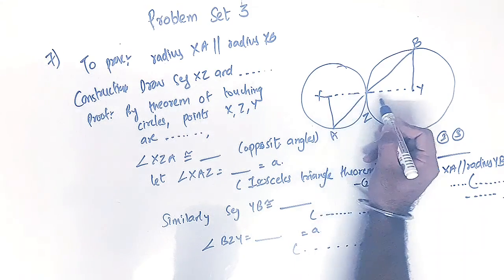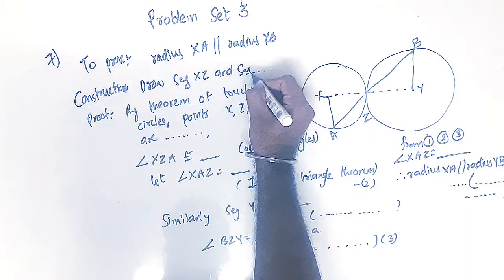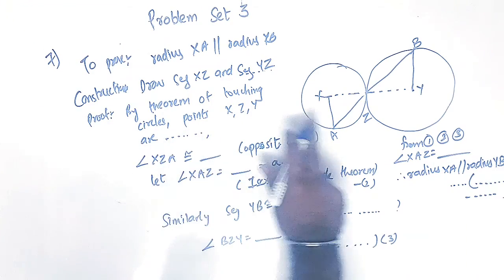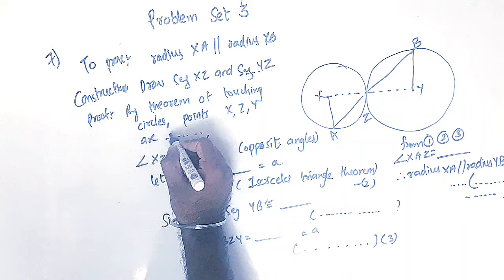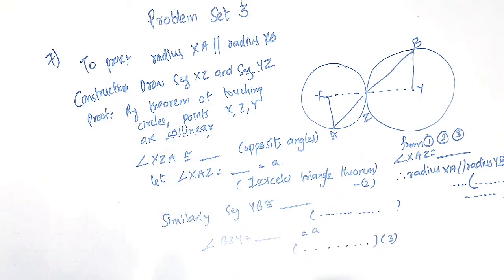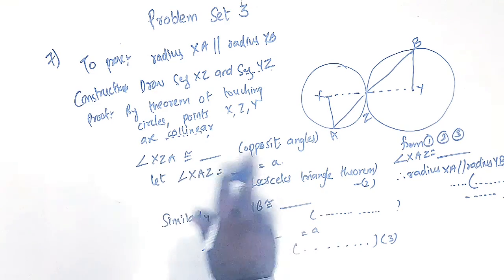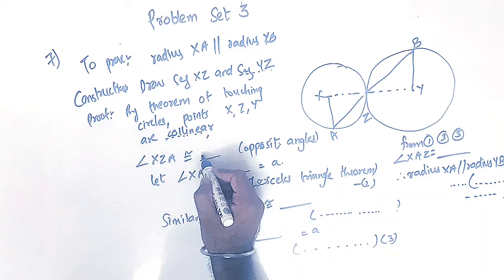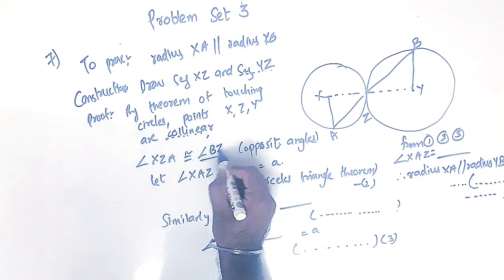Draw seg XZ, and seg YZ. Okay, so by theorem of touching circles, points X, Z and Y are collinear. Okay, they are collinear. And opposite angles, so very simple, angle XZA will be congruent to angle BZY.